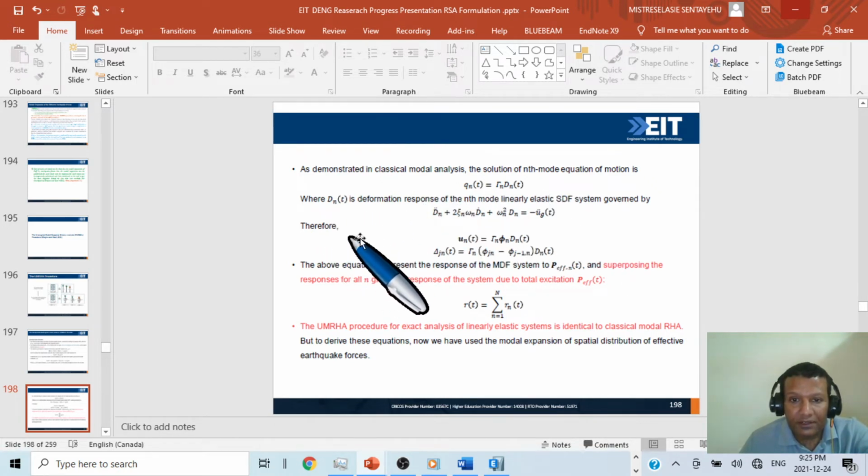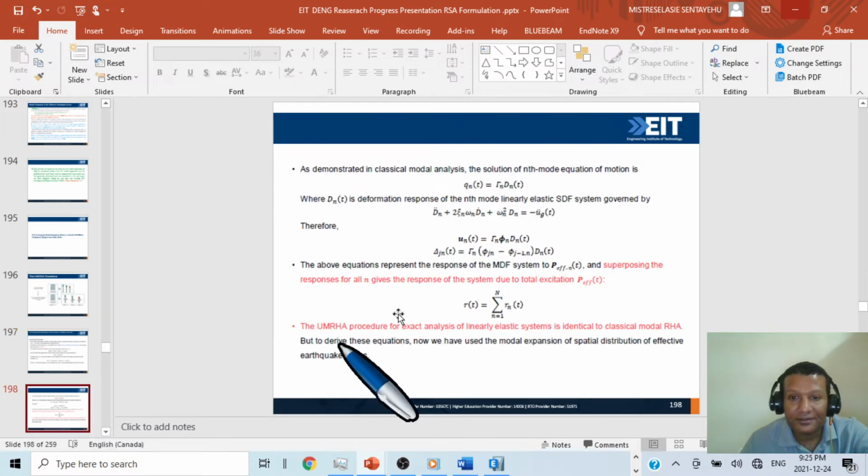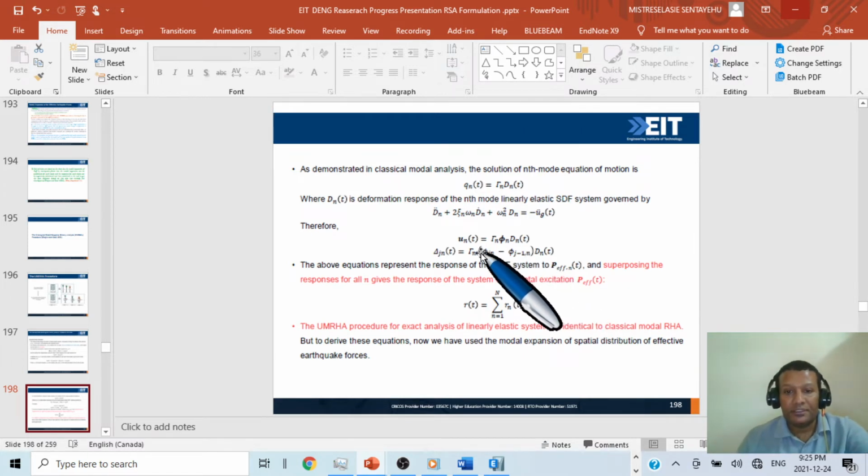Therefore un equals Rn times phi n times dn, because here we have phi n qn, so qn is replaced by Rn times dn. This is for displacement, and for drift we take phi of the upper and lower story, subtract them, and multiply by dn.